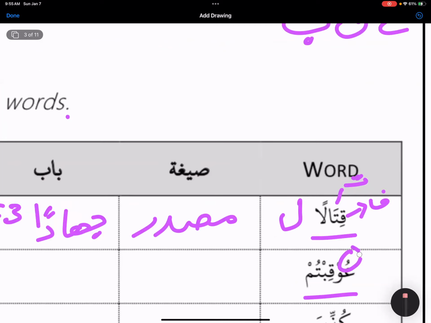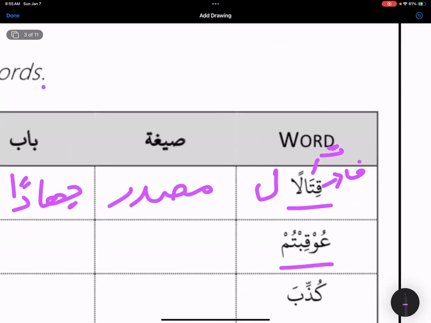So now, if it is majhul, we can check the other root letter, right? Which one should I check? The middle root letter. And the middle one has kasra. So that is majhul. Yes, it is Madi Majhul. And in Madi Majhul, if it is passive, what else do we need to look for?